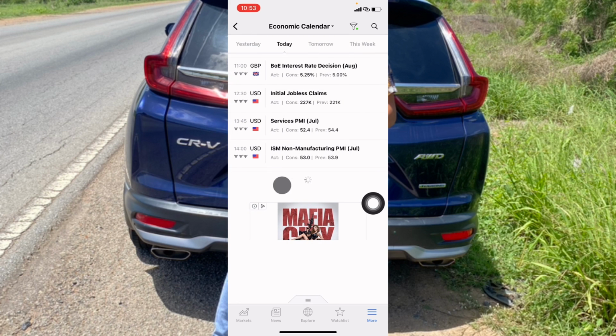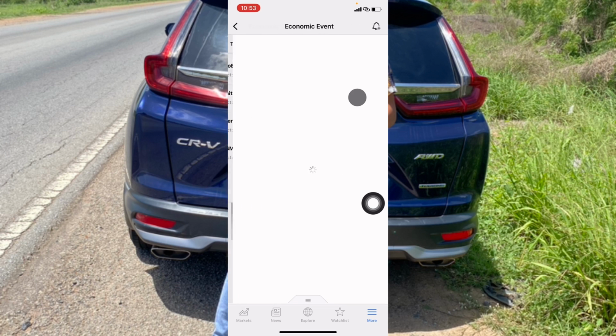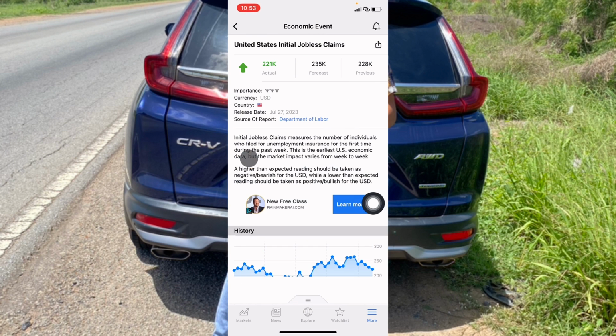This is the fundamentals app that I use to know whether the market is going to go up or come down. You click on the news here, and you can see they have explained it. They are basically saying that a higher than expected reading should be taken as positive for the USD. That means the dollar. If the news comes out higher than expected, so last month the news was 228 and now the news is 221, that means it's good for the dollar.